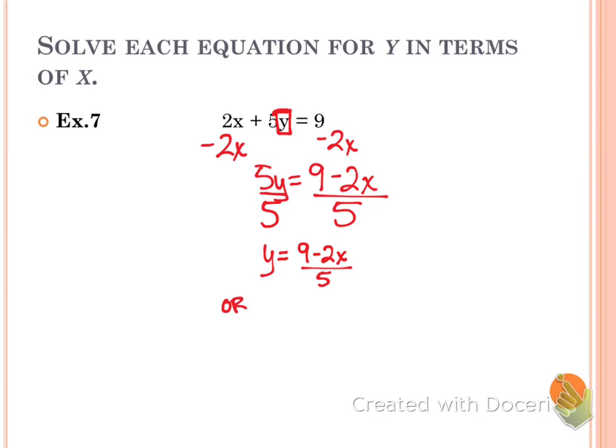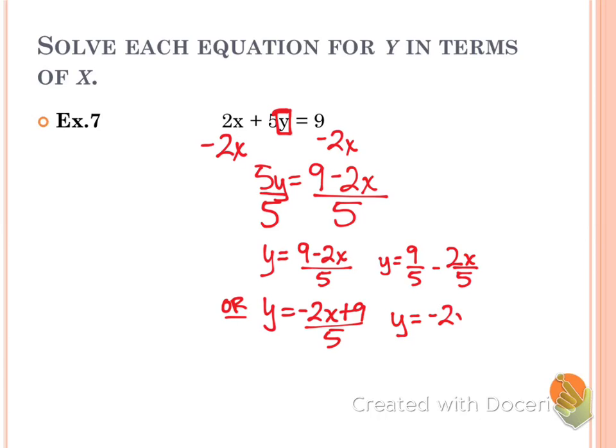Or we still can write it as a negative 2x plus 9, all divided by 5. Or you can split your denominator up, so it would be y equals 9/5 minus 2x over 5, or y equals negative 2x over 5 plus 9/5.